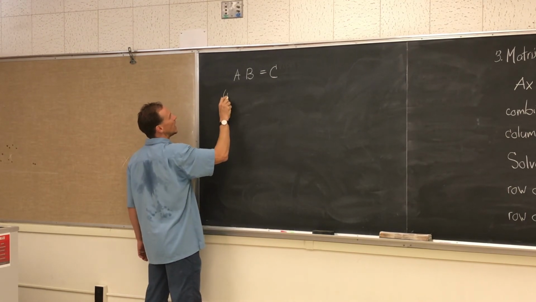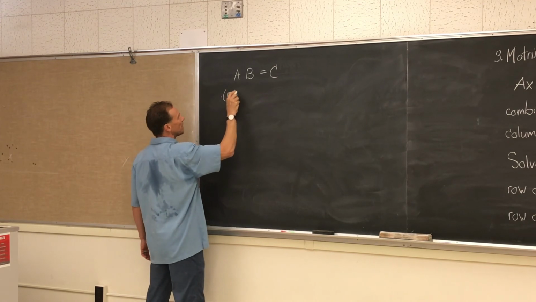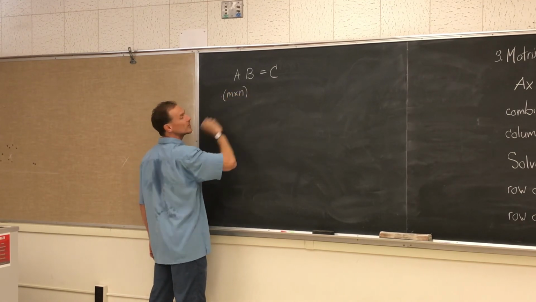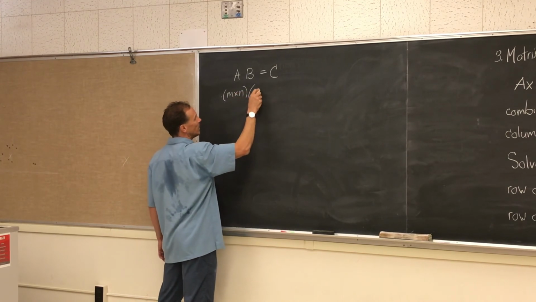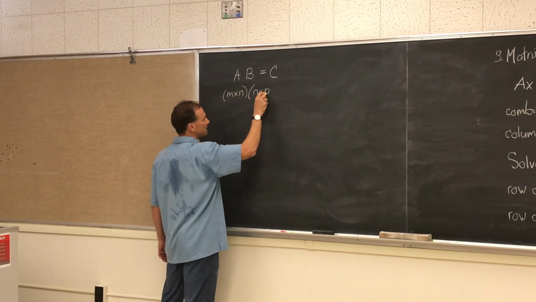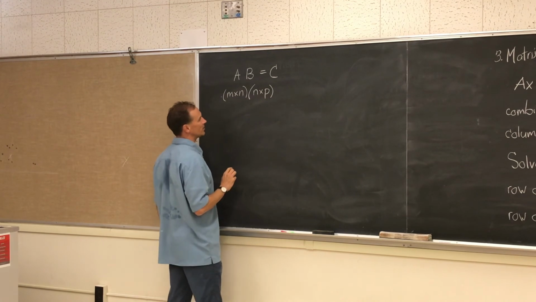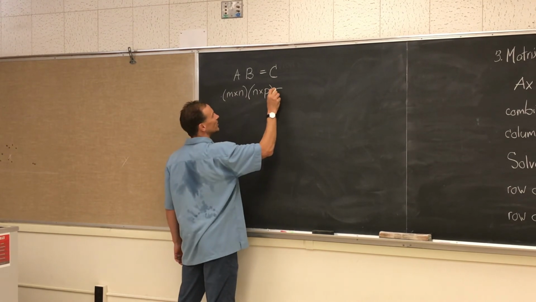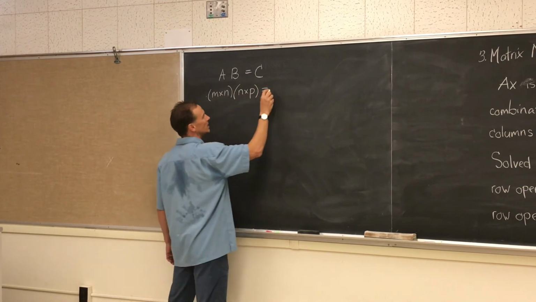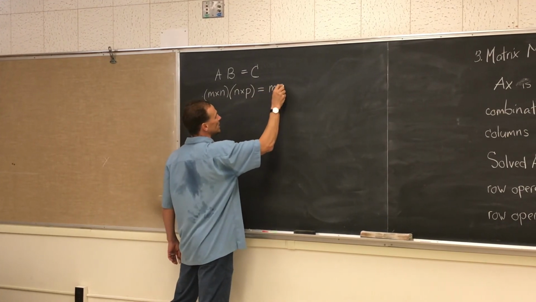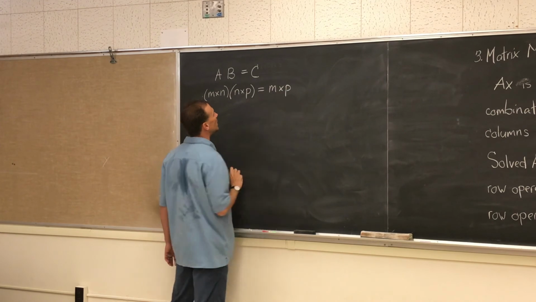A was an M by N matrix. It was multiplied by B, which is an N by P matrix. And the result, C, is going to be an M by P matrix.